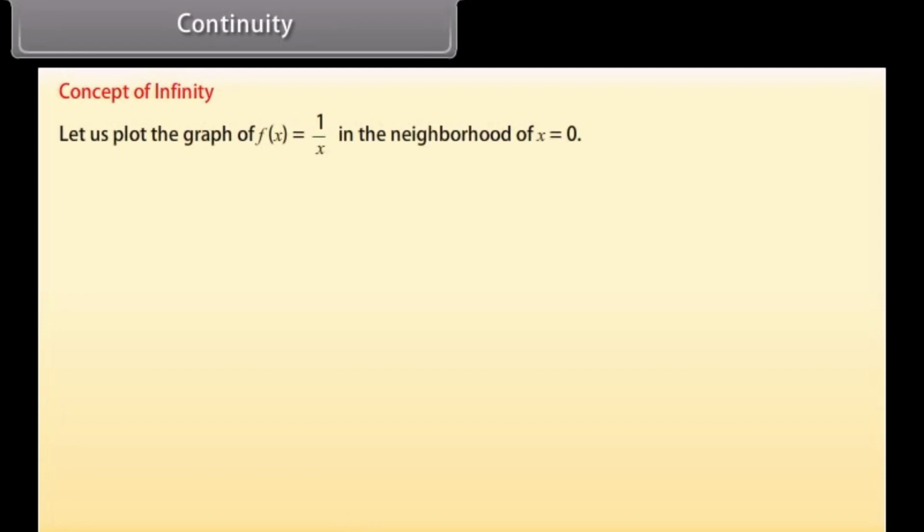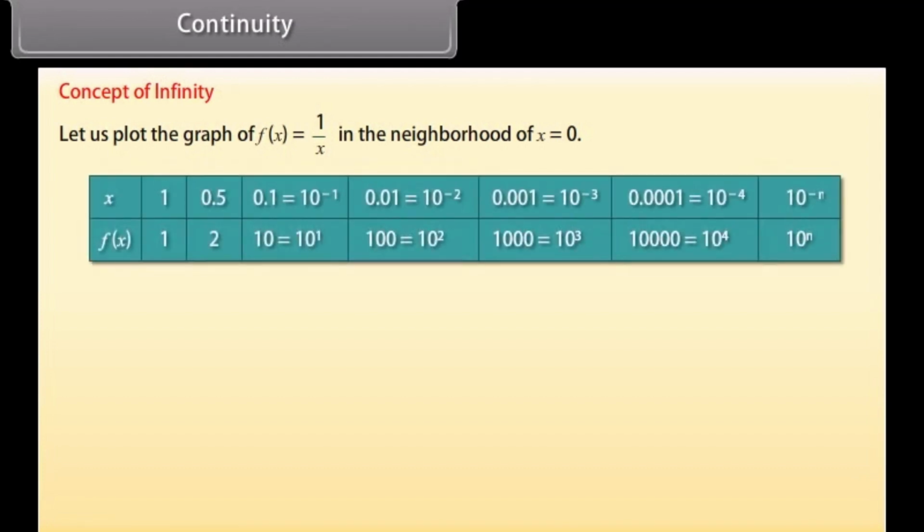Continuity. Concept of infinity. Let us plot the graph of f(x) equal to 1 by x in the neighborhood of x equal to 0. For x equal to 1, f(x) is equal to 1. For x equal to 0.5, f(x) is equal to 2.